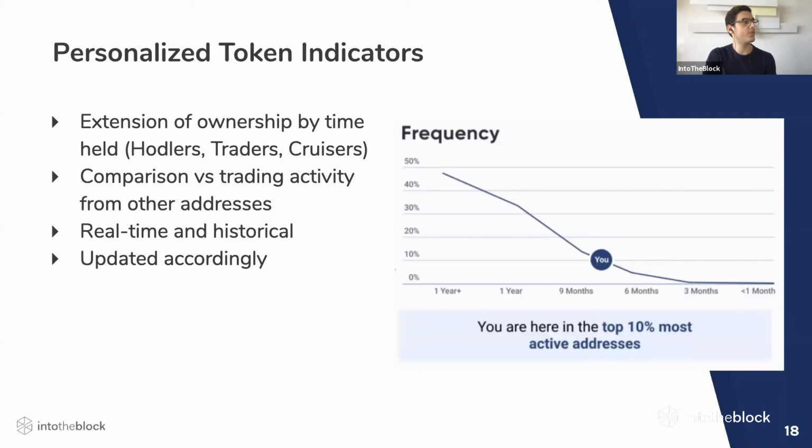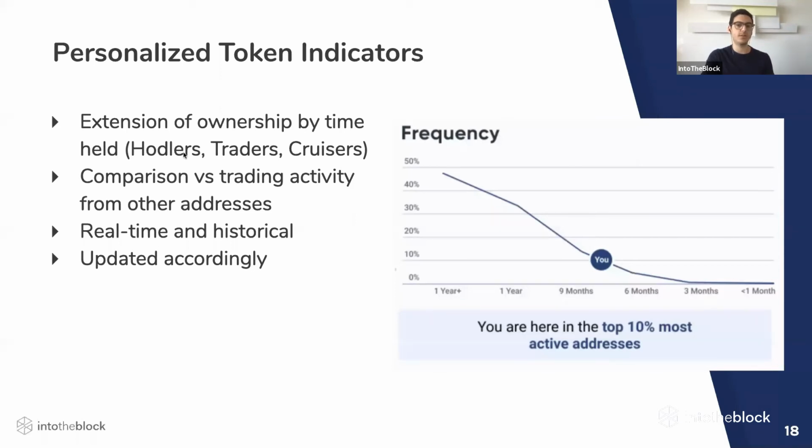Finally, the last personalized token indicator that we've come up with and have been testing for the past few months is your frequency, in terms of trading activity. It's an extension of our ownership by time held indicator, which looks at three different groups of holders.